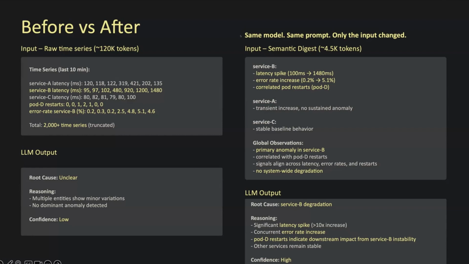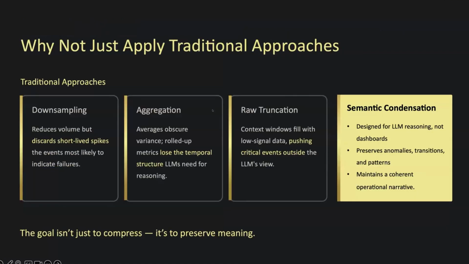Now, compare this with the previous output that we received: because the LLM had to do this processing on its own, the attention was distributed across all the signals, and the LLM could not clearly identify the root cause.